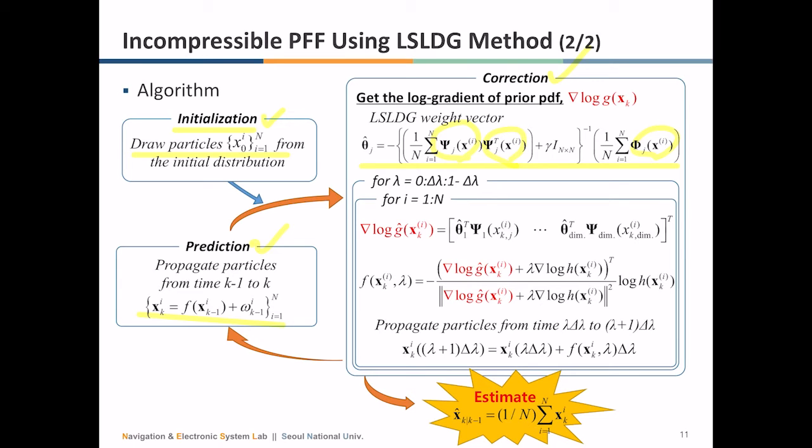By using this weight vector and the kernel located at the samples of the prior density, the gradient value of the prior density at the moved sample position can be obtained. Calculate the flow by substituting the estimated gradient into the incompressible flow solution, and propagate the particles by recursive numerical integration of the calculated flow from lambda 0 to lambda 1.